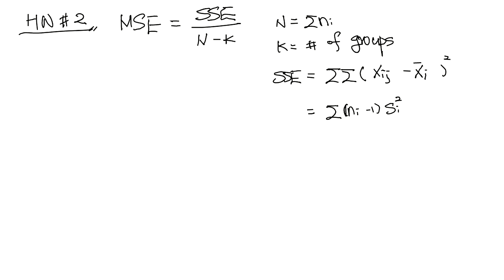On the outside, there is an index i from 1 to K, and the inside one is j from 1 to n_i.